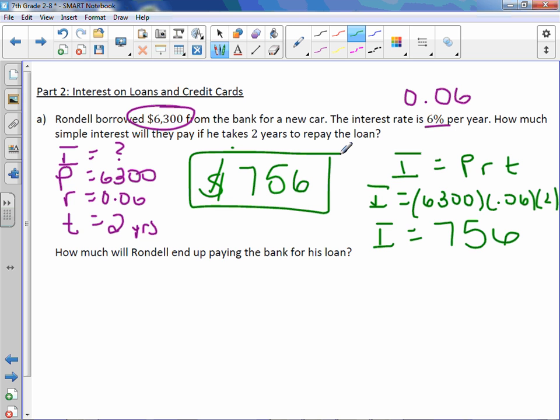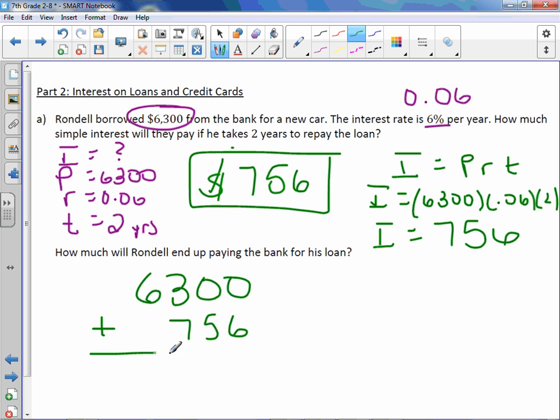Now, the second question. How much will Rondell end up paying the bank for his loan? Now remember, he has to pay them the amount he borrowed. He borrowed $6,300. But in interest alone, the bank is making $756 off of Rondell.